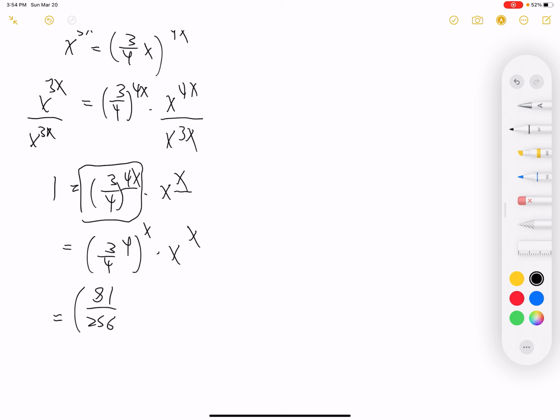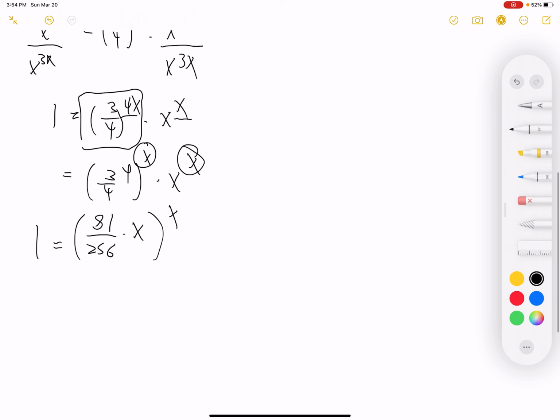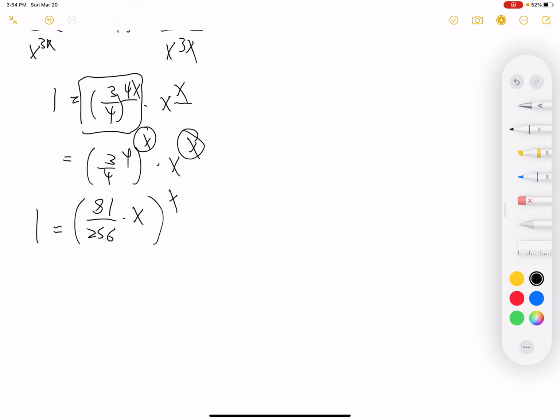And then multiply this by x, all to the power of x, since they both share the exponent of x, which is equal to 1. So now this looks pretty intuitive, and we have a way to solve this problem now.